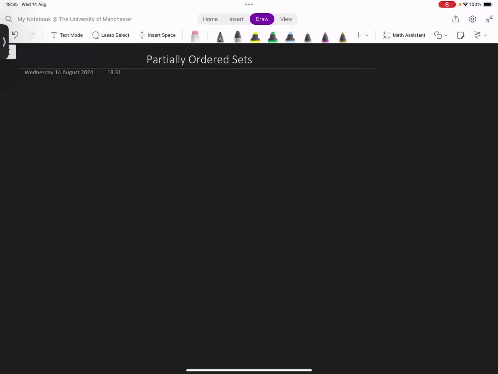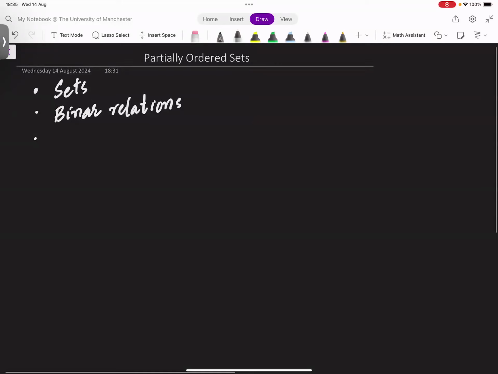Today we will talk about partially ordered sets. Now, previously we have talked about what? Previously we have talked about sets. We have talked about their binary relations. We have also discussed the important or basic properties of these binary relations.